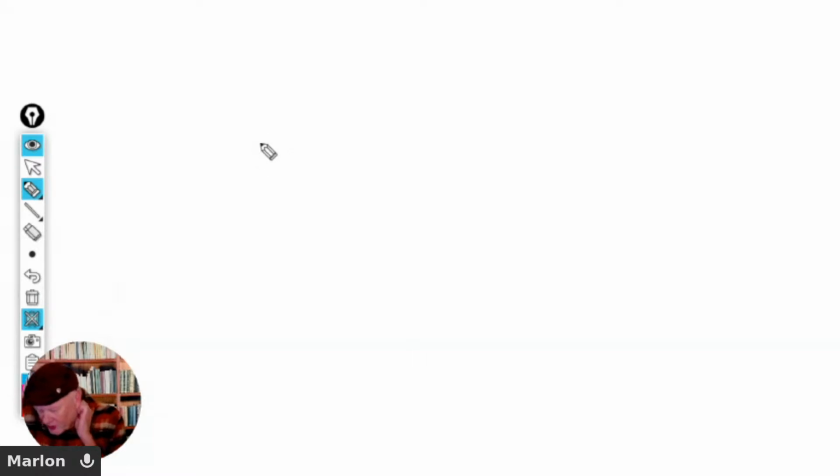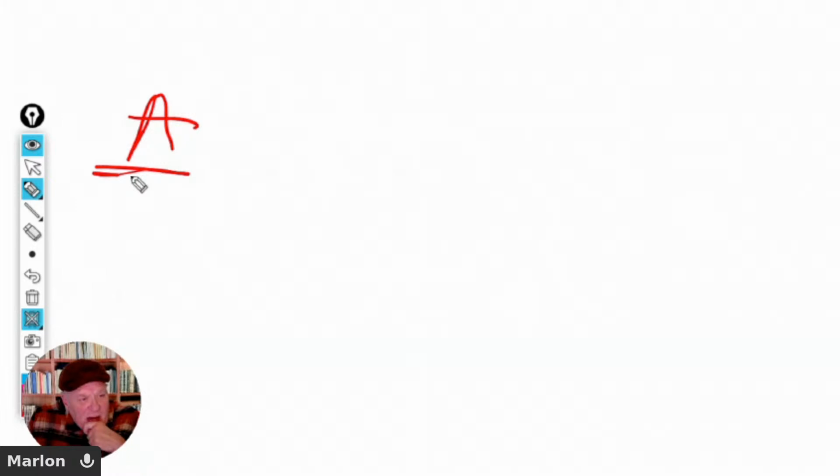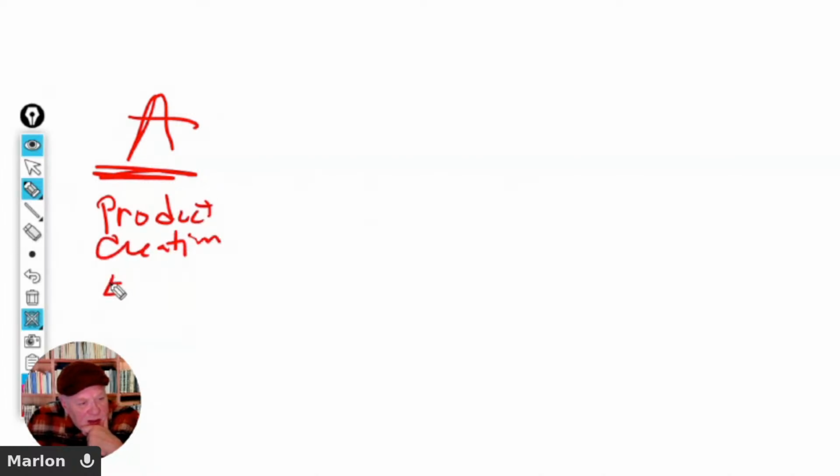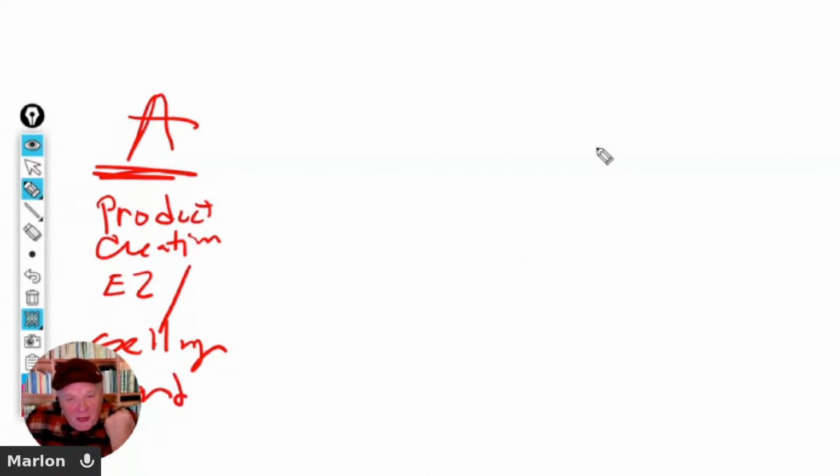Here's how it works: you look at either an industry as a whole, or let's just take a product category. Let's just take the state right now of product creation. State A: product creation is easy, but selling products is hard because there's so many products out there now.